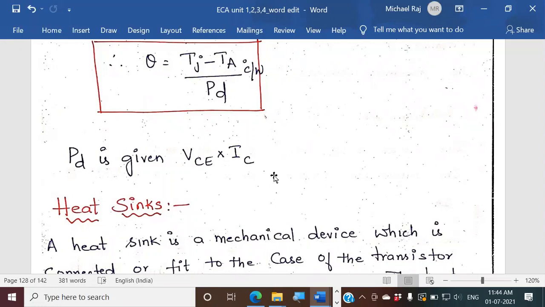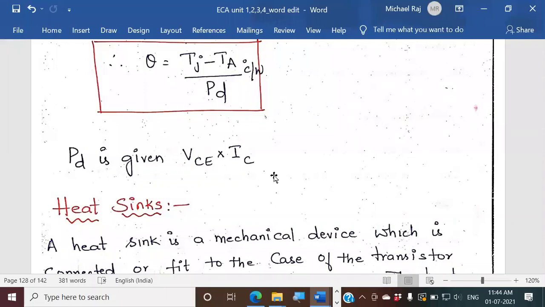The transistor is getting heated up. If we can throw away the heat to the surroundings, then the functionality will be intact. If we are not able to throw away the heat to the surroundings, what happens?